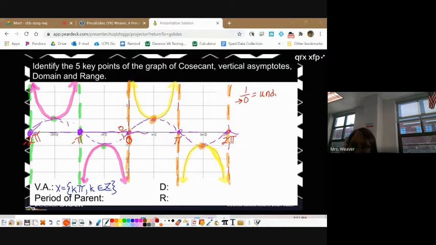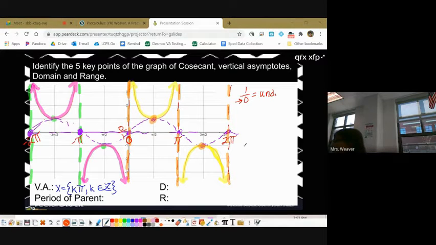So let's talk about the symbols and what they mean for just a second. Remember I said they happen at multiples of pi? That's what k pi means. It means k times pi. A k is a multiple of pi. But we don't want anybody saying half a pi. We don't want them to multiply it by fractions. We just want them to multiply it by whole numbers. So that's why we said where k is an element of the integers.